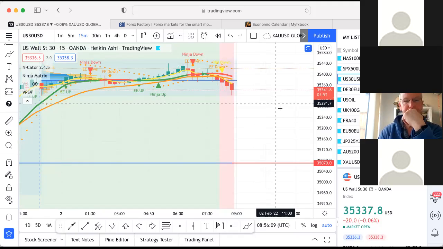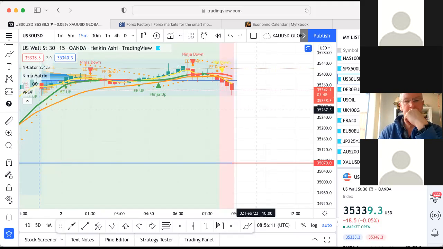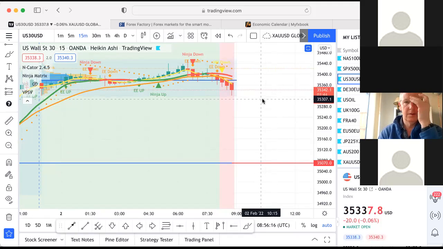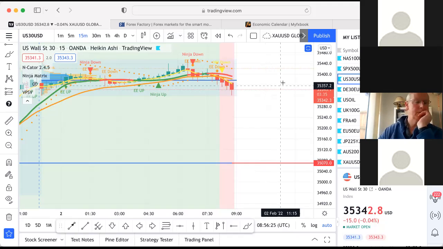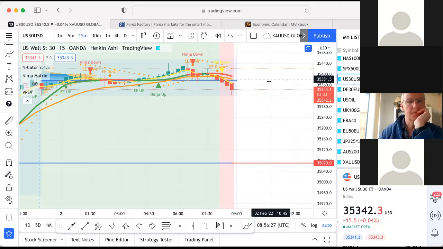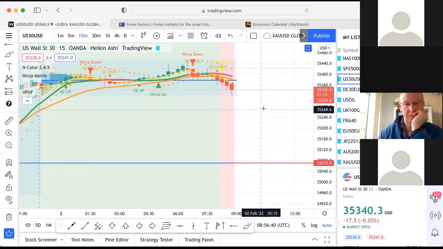So what I'm doing is practicing on a demo account, and I'm just trying to record for future reference what the pip value is and what the best lot size is for these other indices. So if anybody's going to take these trades, I suggest you take them on a demo account, and then get a feel of what the value is before you go onto a live account.